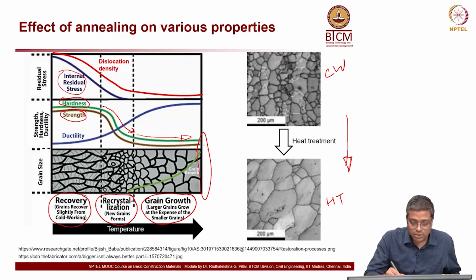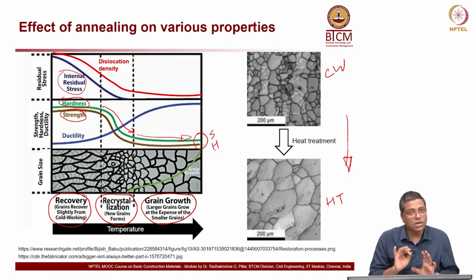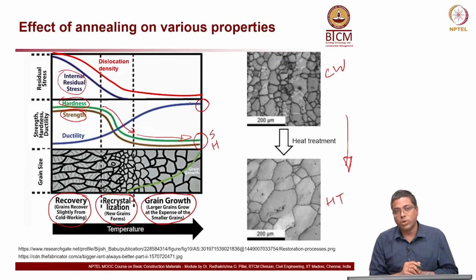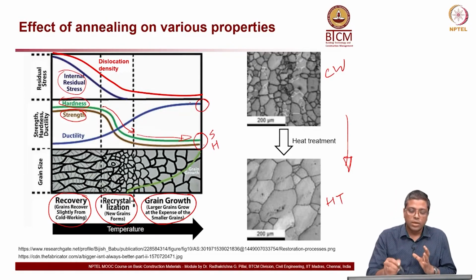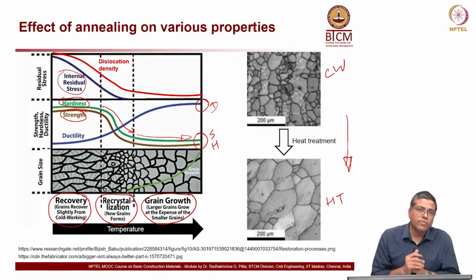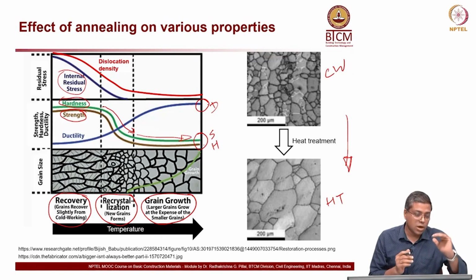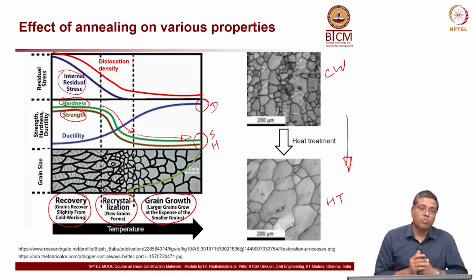So, the point is, over here these two are the strength and hardness. If they are sufficient, that is fine. Now, here ductility, if it is sufficient, that is fine. So, you always have this requirement of these parameters: hardness, how much it should be, ductility, how much it should be, strength, minimum how much it should be.